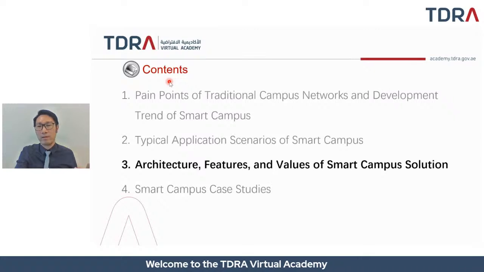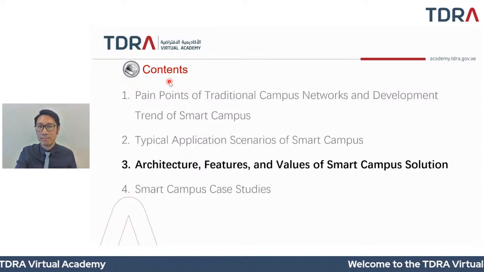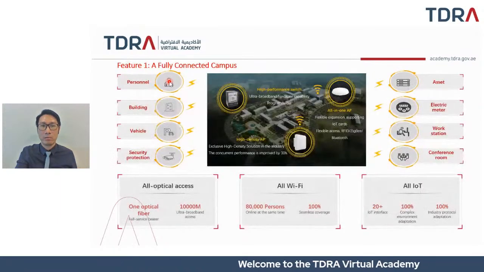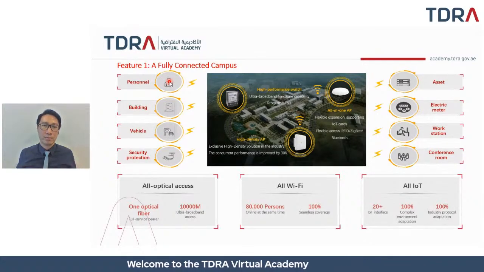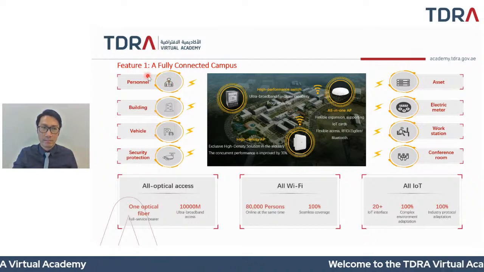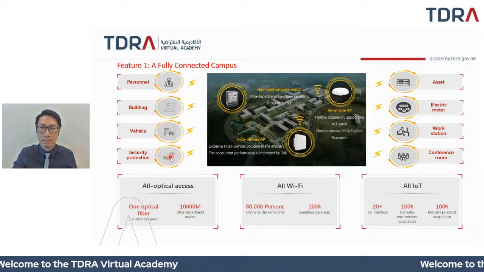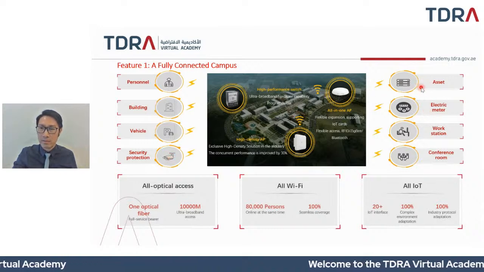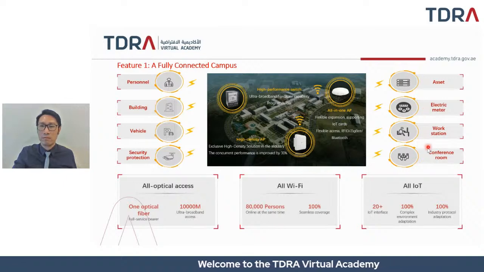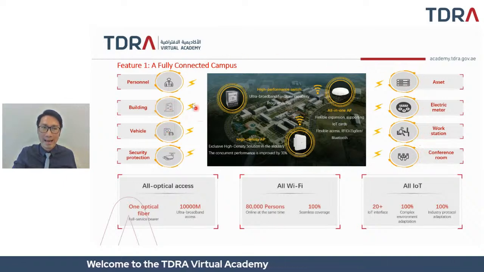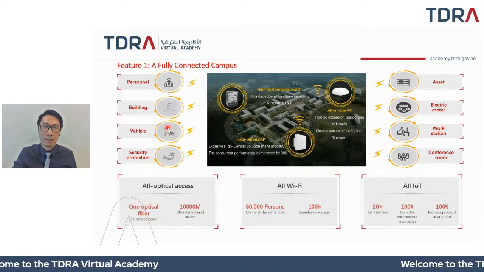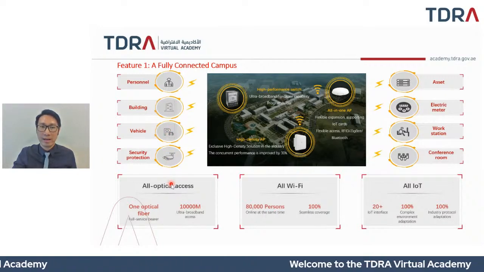So for us to have a smart campus solution, what is the architecture we actually need? We need to have a fully connected campus. A fully connected campus means we want to connect everything, from the person to the building, vehicle, the devices for security, the camera, and the assets in the building, electric meter, conference room. We can use different methods to connect.